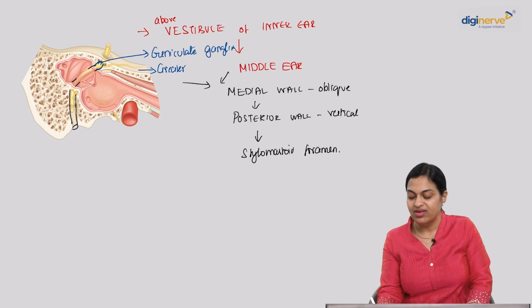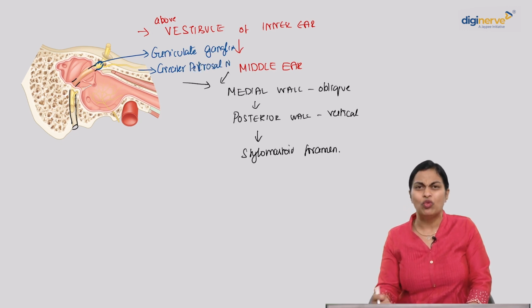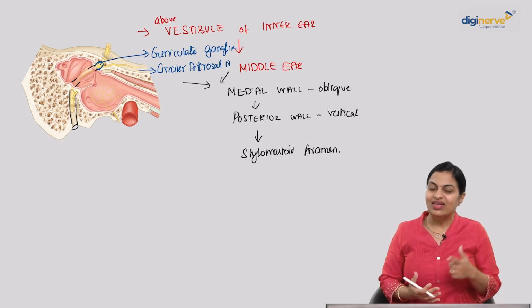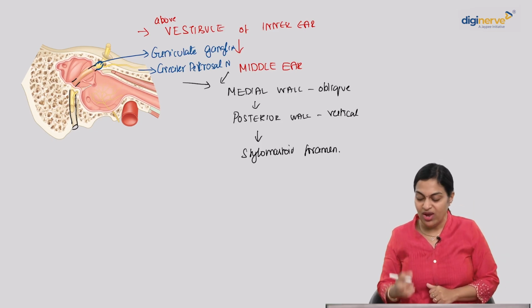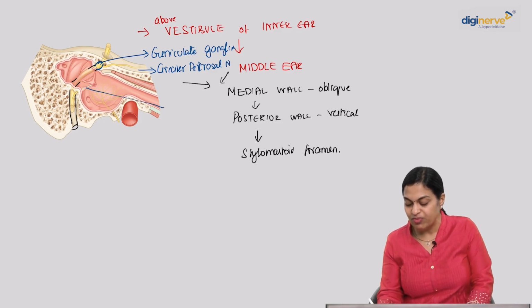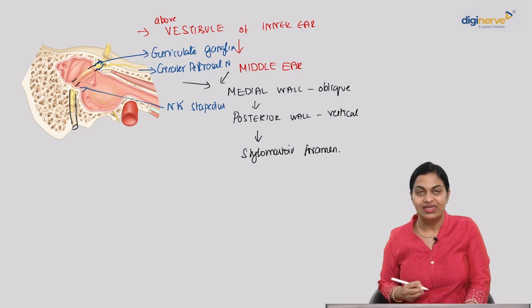It's called the greater petrosal nerve. Do you remember to which secretomotor pathway it is related? Yes, lacrimatory pathway. Very good. Okay, so that's the very first branch. And then we can see the next branch, nerve to stapedius, that supplies the stapedius muscle.